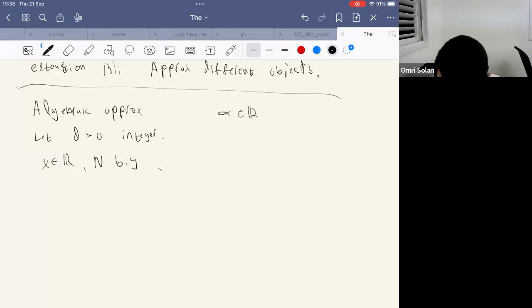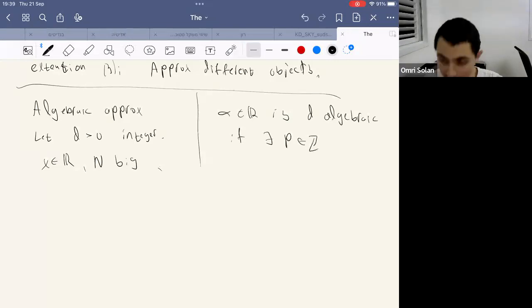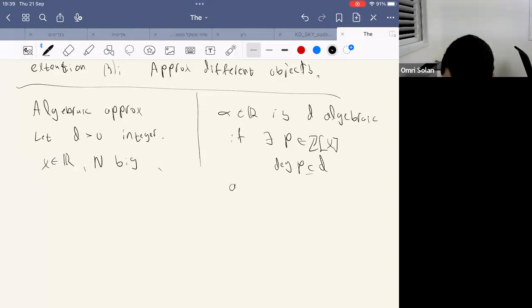Alpha inside R is algebraic of degree d if there exists a polynomial with integer coefficients of degree at most d, and p of alpha is 0.